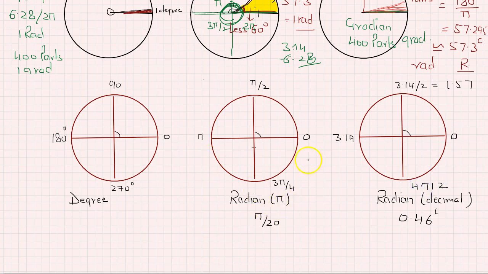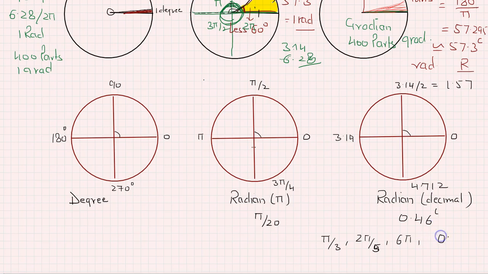So that is how we convert between degree and radian in terms of pi and in terms of decimal. When radian is written as pi over 3, 2 pi over 5, 6 pi or whatever, we don't write radian, it's obvious.